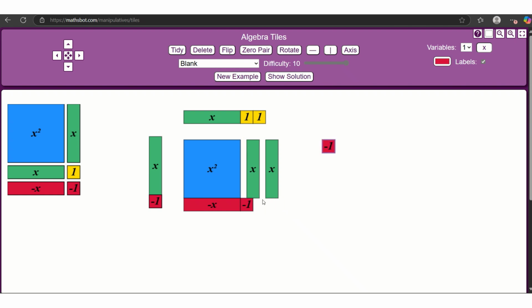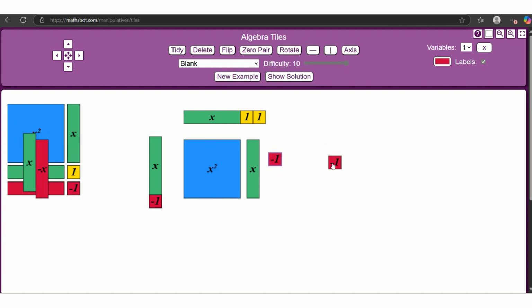For the most part, this is pretty straightforward, except you will notice that we actually do have a 0 pair there. If I look at x minus x, that's a 0, and we don't need to keep the 0 pair in there. And so the product here would be x squared plus x minus 2. So the product of x plus 2 and x minus 1 is x squared plus x minus 2.